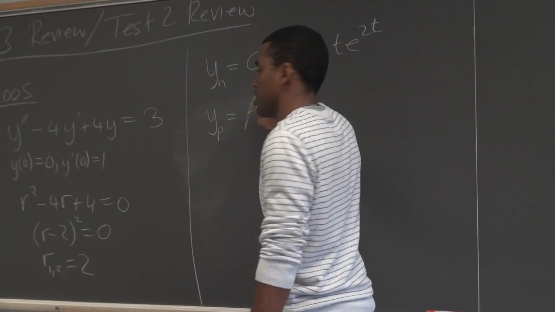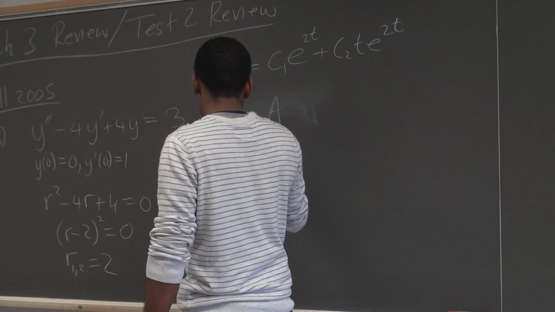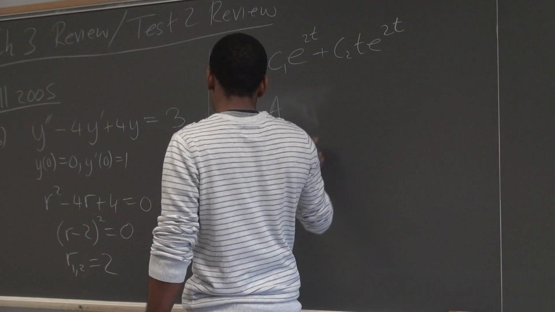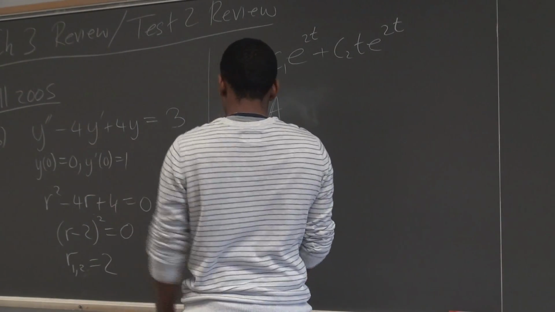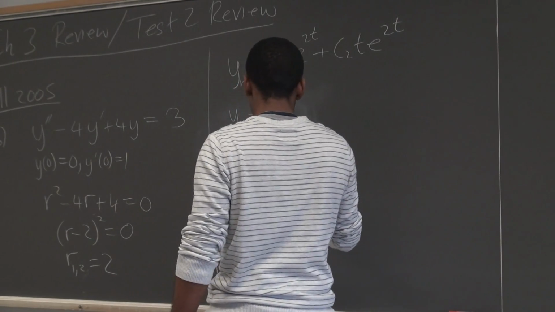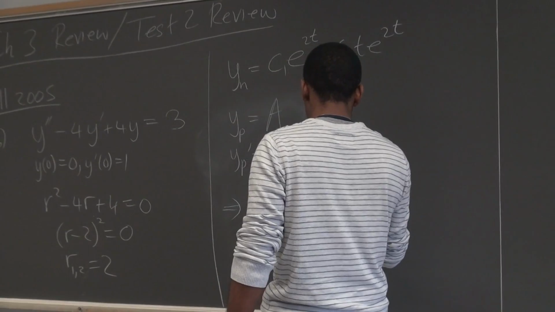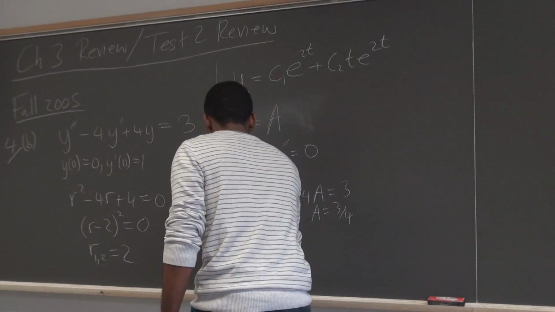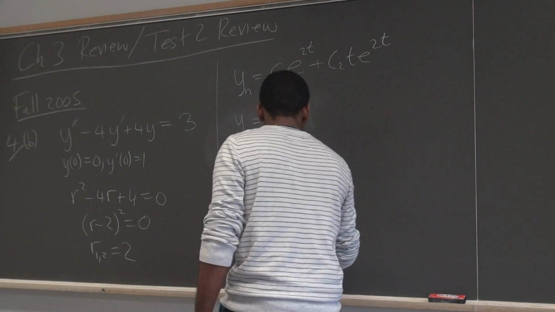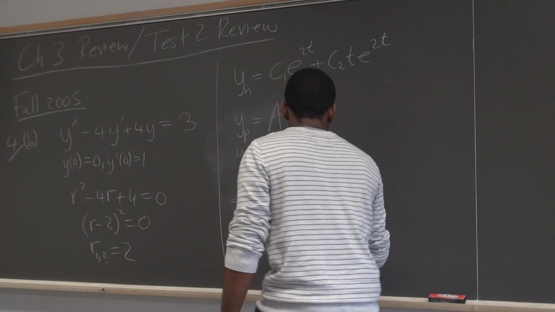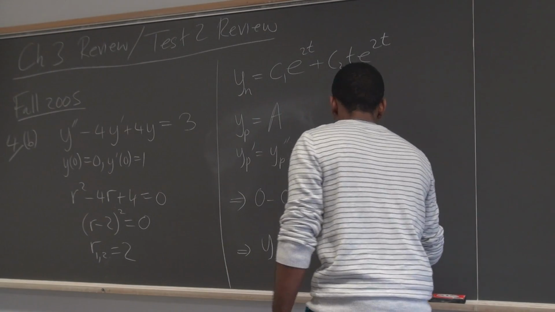Just A. Which means yp prime and yp double prime are both 0. Plugging into the differential equation, I get 0 minus 0 plus 4A equals 3, so A equals 3 over 4. So my general solution is c1 e to the 2t plus c2 t e to the 2t plus 3 over 4.